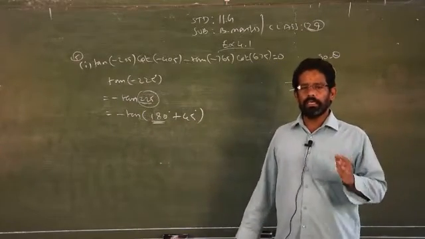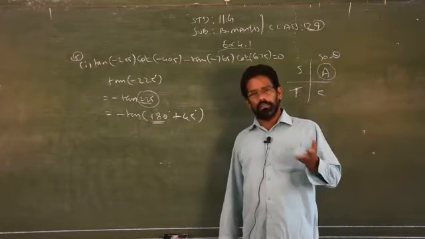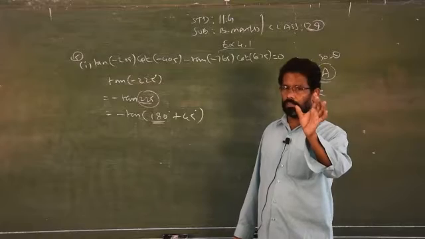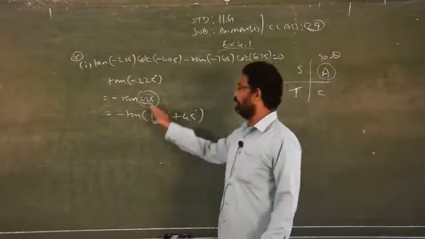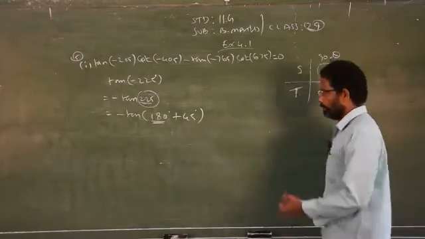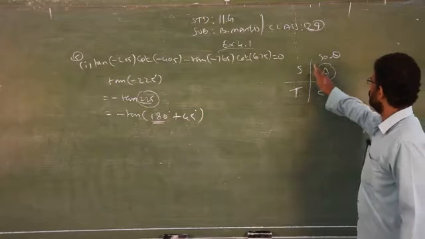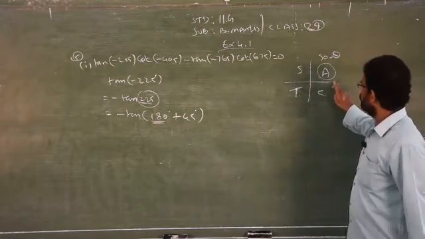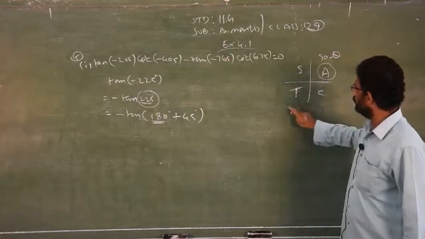When you express any angle in terms of 180 or 360, there won't be any changes in the ratio, but there will be changes in the sign, depending upon which quadrant the given angle falls on. So 225 falls on the third quadrant because 0, 90, 180, 270, 360.